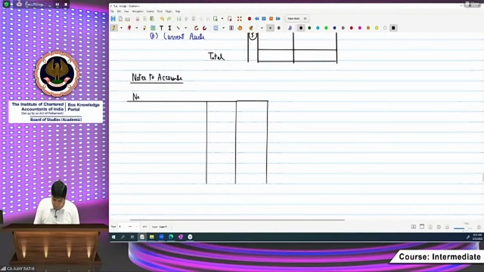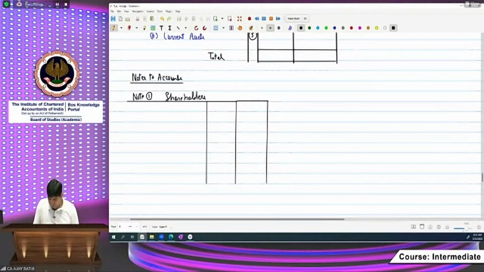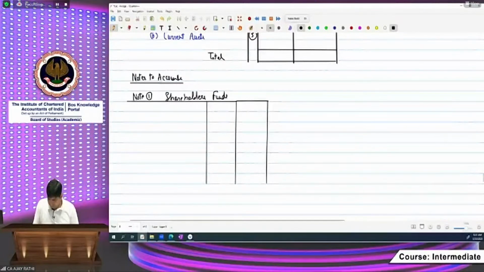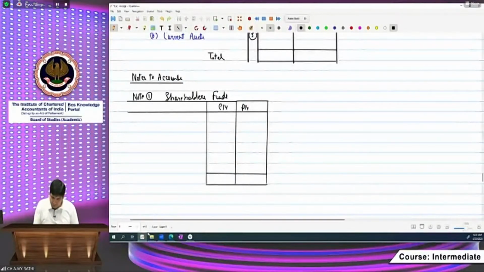Note number 1. Shareholders funds. Current year and then previous year. There will be total, of course, no doubt. And share capital will be there. Even though we are not having the figure relating to past year, still we have to prepare a column there.